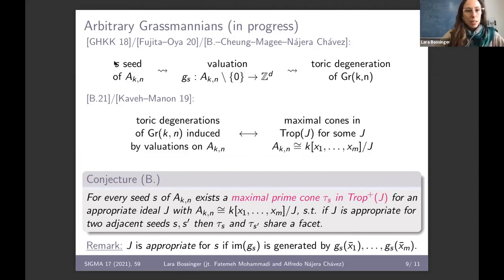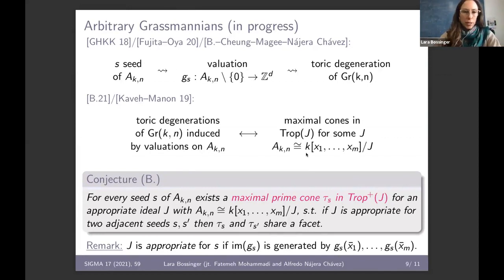But the seeds, they will always correspond to maximal cones in the positive part of the tropicalization. So for example, I think for the Grassmannian Gr(2,n), in the end, everything will be isomorphic, so it's enough to look at these seed valuations.